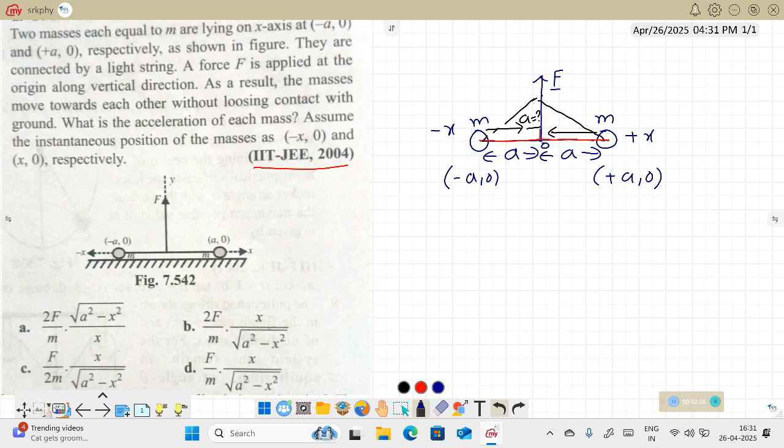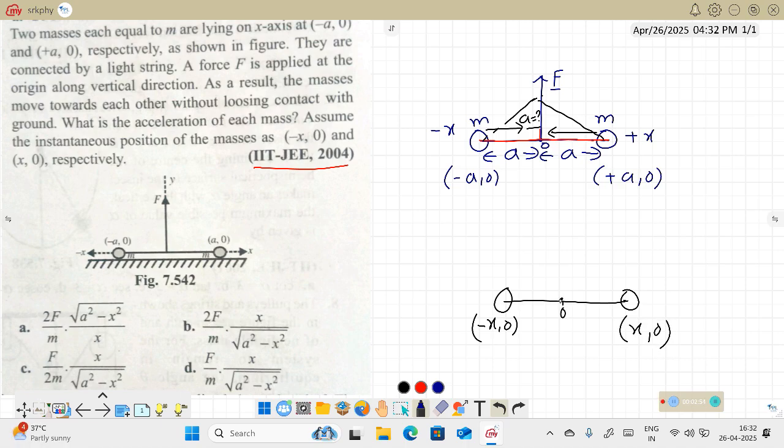To understand this, there is a position given very clearly in the question. Assume that the instantaneous position of the masses is minus x comma 0 and x comma 0. The actual initial separation is a comma a, but when solving the problem, they are asking us to take the position of the two masses from the origin as minus x comma 0 and plus x comma 0.